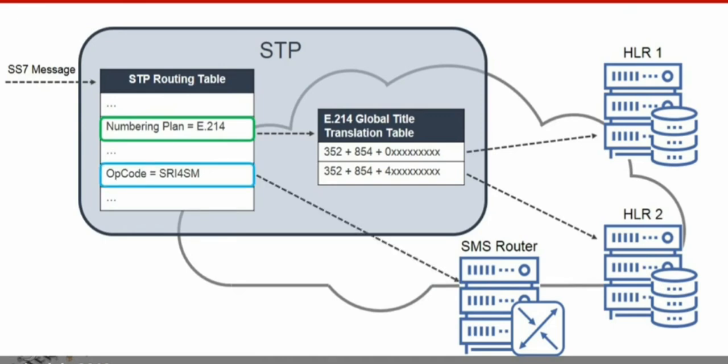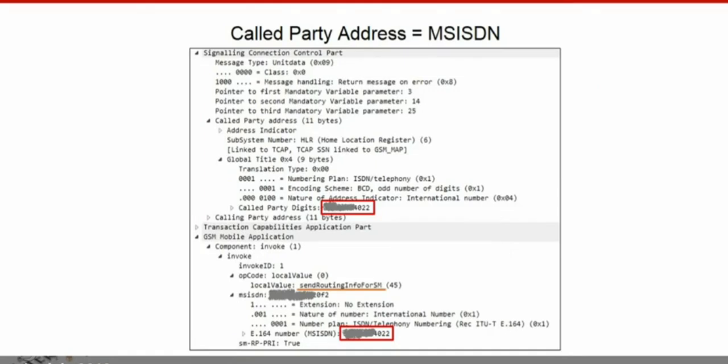If the routing table sees that the operation code is send routing info for SM, it sends the signal message to the SMS router to involve the SMS home routing procedure. And one more note: the send routing info for SM message is normally addressed by the first type of addresses, by MSISDN.